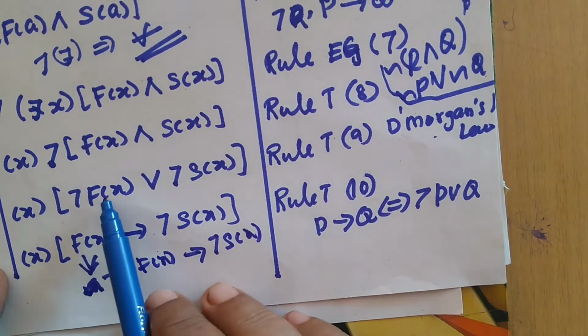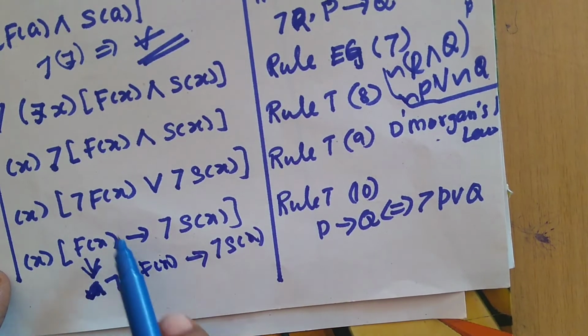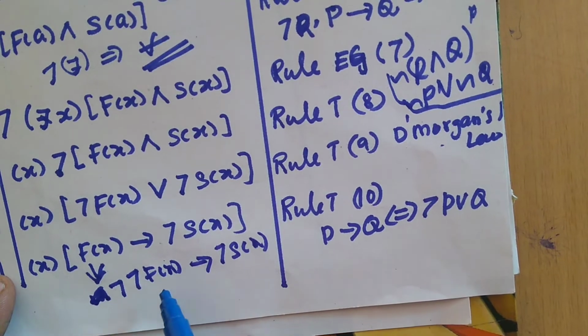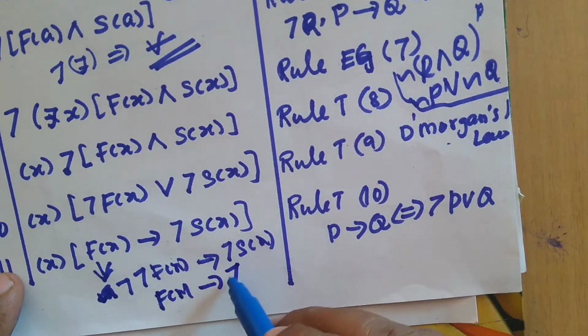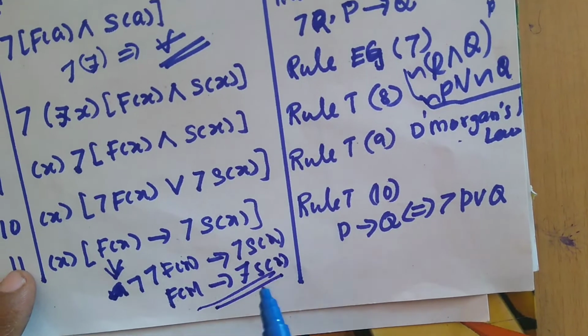If here P, we can get negation P. So negation of f of x. But double negation means negation will be cancelled. So that is f of x implies negation s of x. So this is our required.